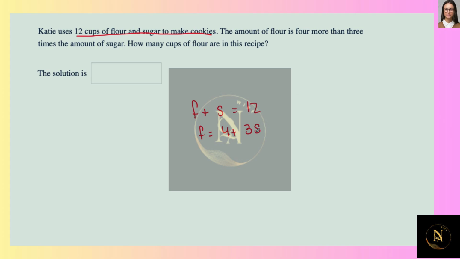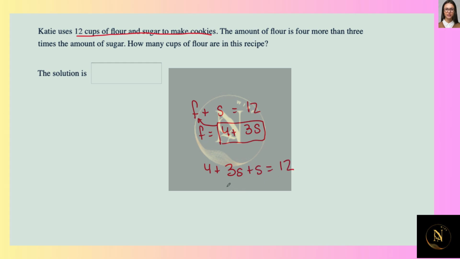So what I'm going to do is substitute this in for F. I'll end up solving for S first. So then I'm going to do 4 plus 3s plus s equals 12.